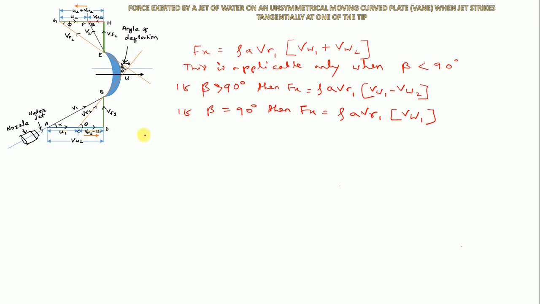Okay, so next we have to find out the work done per second on the vane by the jet of water. So what will be that? It is equal to Fx into u. As we know that work done is equal to force into displacement.